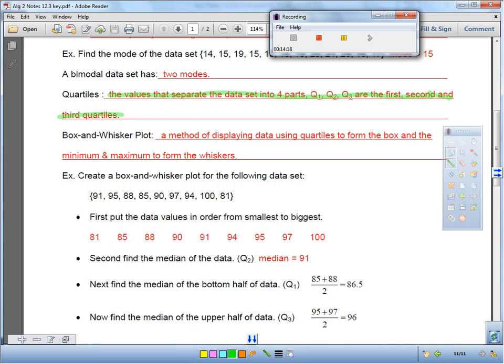Then another way to display data is using a box and whisker plot: a method of displaying the data using quartiles to form the box and the minimum and maximum to form the whiskers. There's not a Q4, and I'll show you when we make it what the Q4 actually is.